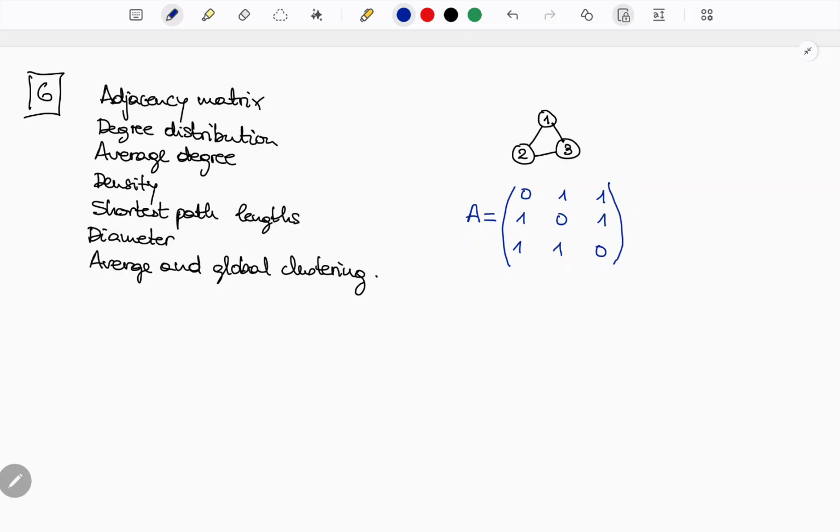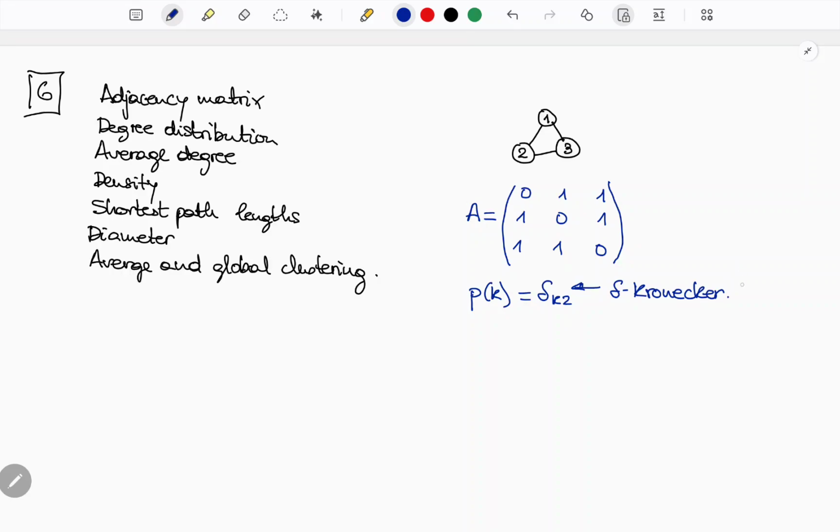This is easy. The degree distribution, that's simple too, because the degree distribution p_k is going to be delta_{k,2}, a Kronecker delta, okay? I think it's written like this.